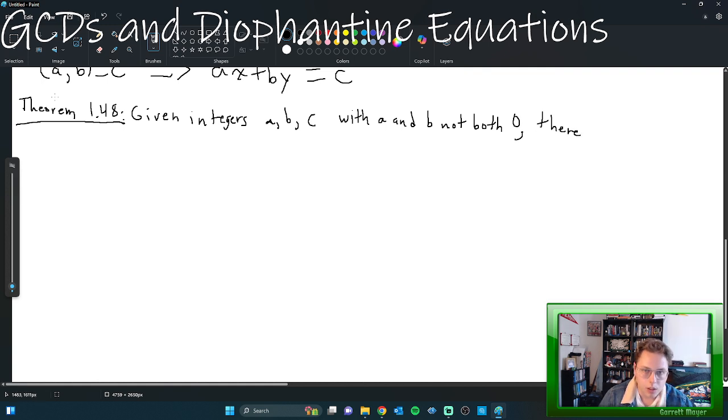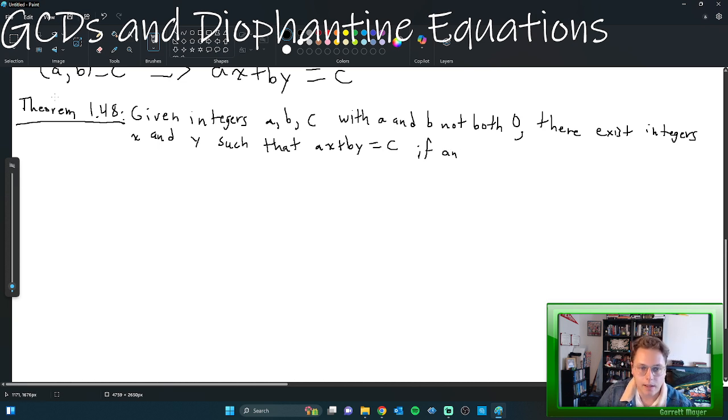there exist integers x and y such that ax plus by equals c, that satisfy the equation ax plus by equals c, if and only if, so we're showing a biconditional here, the greatest common divisor of a and b divides c.